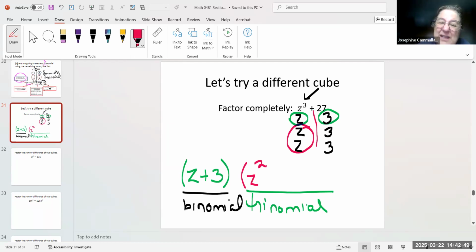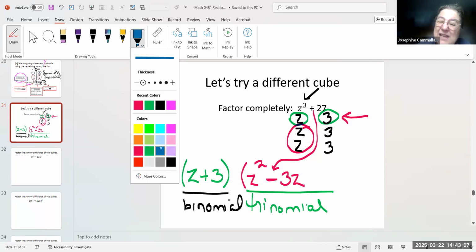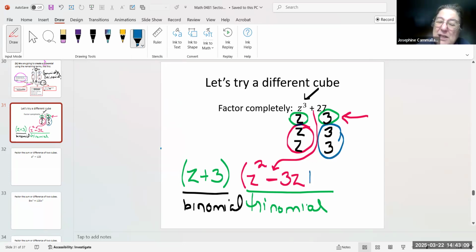Now, this is positive, which means this is going to become negative, and it's 3z. We're taking these two terms and multiplying them together. Now, then we have these two terms, which is plus 9. 3 times 3.